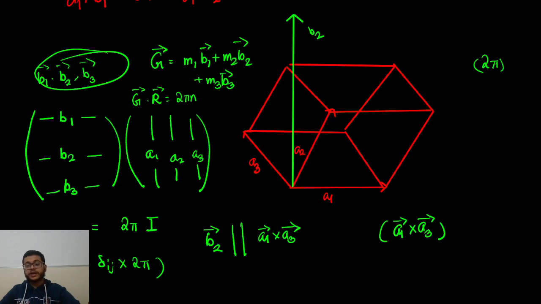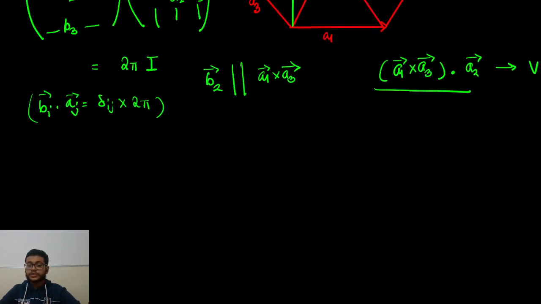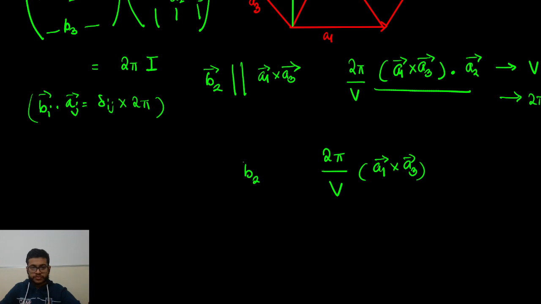We take the projection with a dot product with a2, which gives us some value, let's say V. But we want to scale it such that it gives us 2 pi. So we multiply by 2 pi over V. So b2 will be 2 pi over V times a1 cross a3. And what is V?